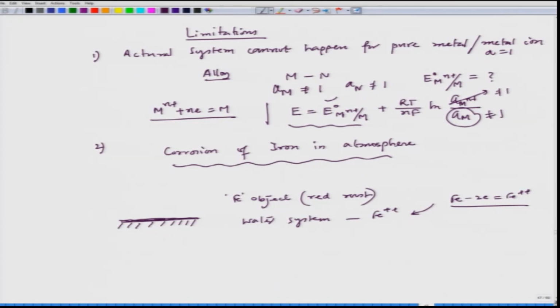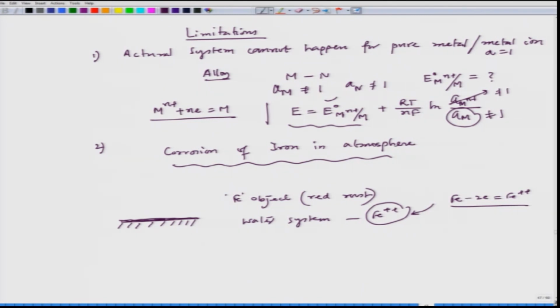So, the standard reduction potential we cannot calculate, because the activity of this iron ion in the beginning is not 1; rather, the activity of this iron ion in the beginning, where water does not contain any iron ion, is 0. There is nothing.